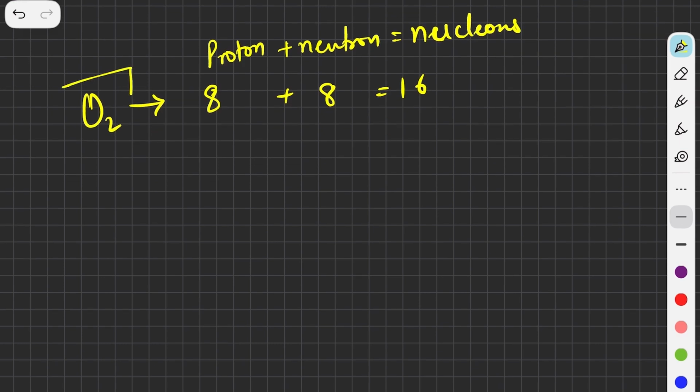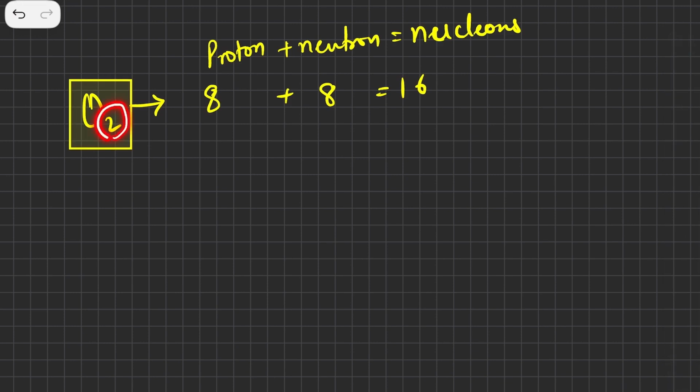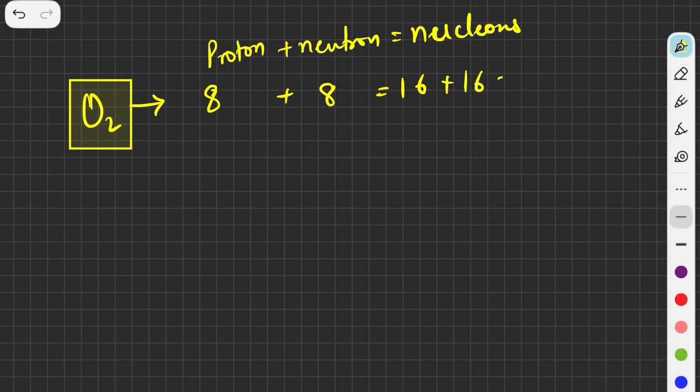But oxygen is a diatomic gas. That means one atom will contain 16, and the other atom, which will constitute a molecule, will contain 16. So you will get 16 plus 16, that is equal to 32. So oxygen comes out to be 32.